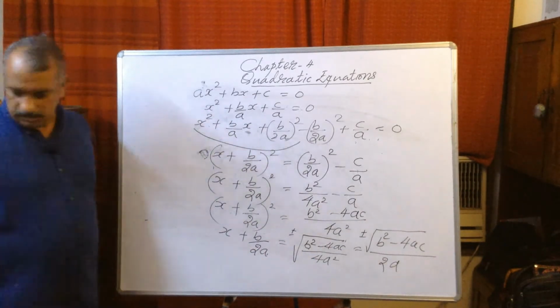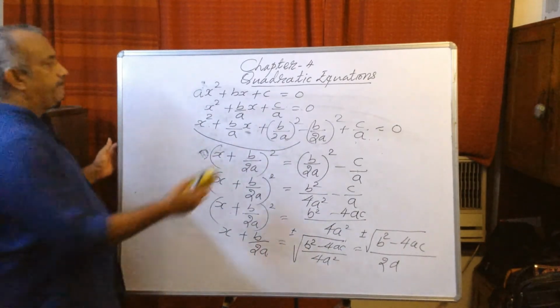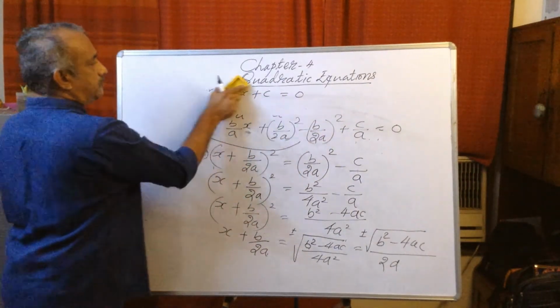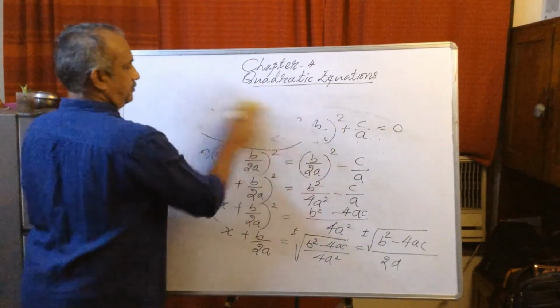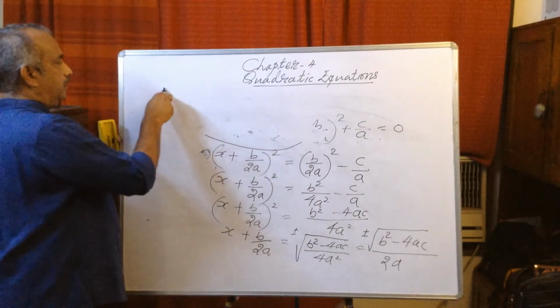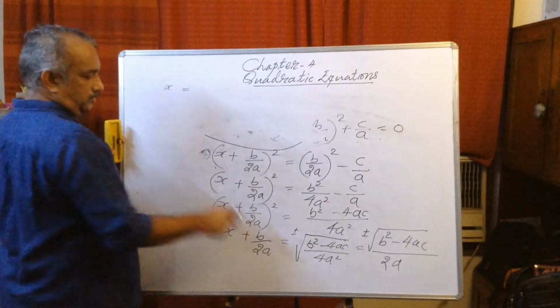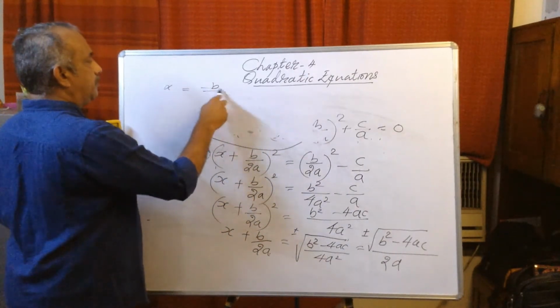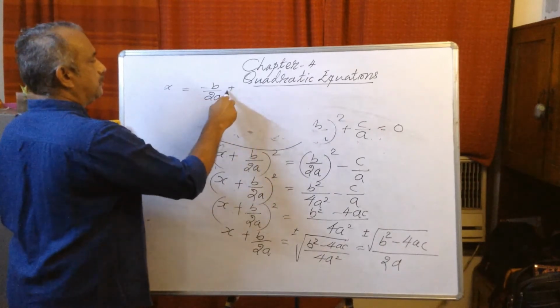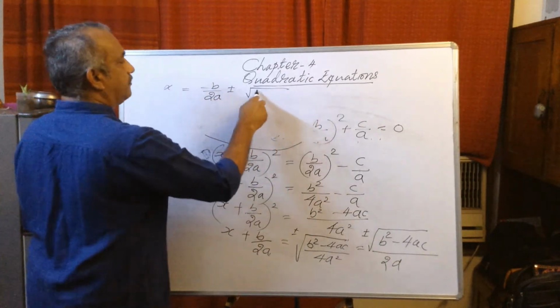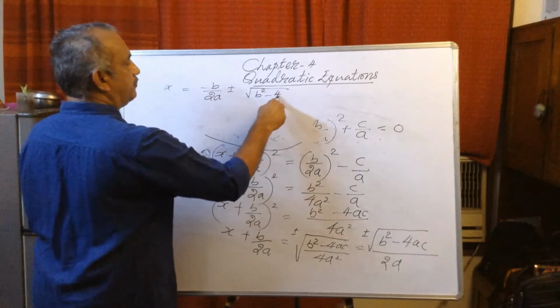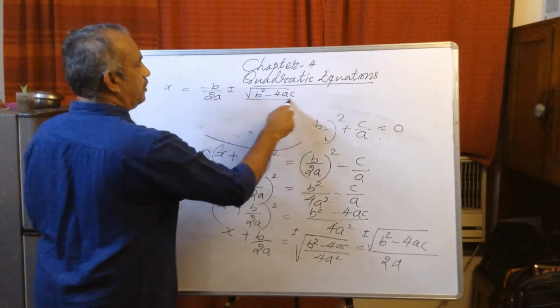So when we take b upon 2a, x is equal to, this will become minus b upon 2a plus or minus square root of b square minus 4ac upon 2a.